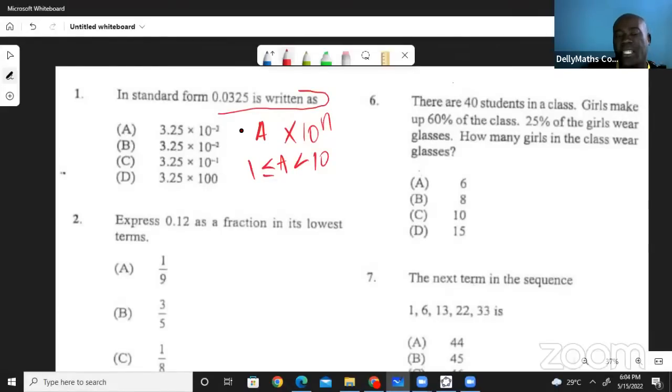And n is an integer, meaning it's one of these numbers: negative 1, 0, those numbers, the whole numbers and the negative of the whole numbers.